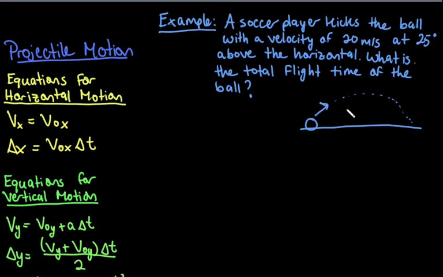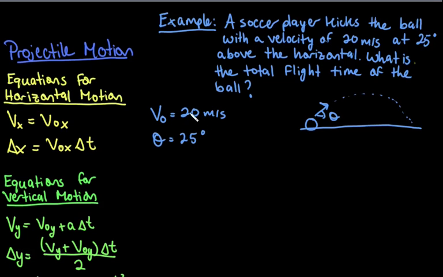So let's start labeling and figuring out the information that we have. We know that the initial velocity, v naught, is 20 meters per second, and we know that it's at an angle, right? An angle of 25 degrees.